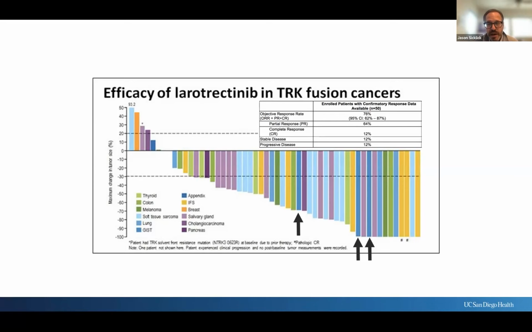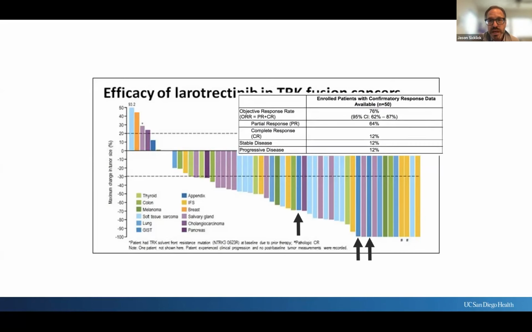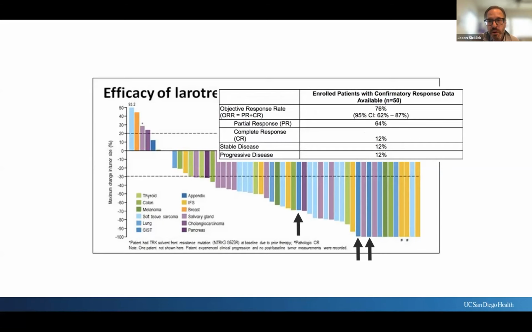If they don't have this biomarker, the drug does not work. And it's also notable that it's important that this is a fusion, meaning joining of two genes and not just a mutation or a typo in a gene, because this drug does not work for those types of mutations. And so in this original report, about 3/4 of patients had responses to treatment. So that's pretty dramatic.